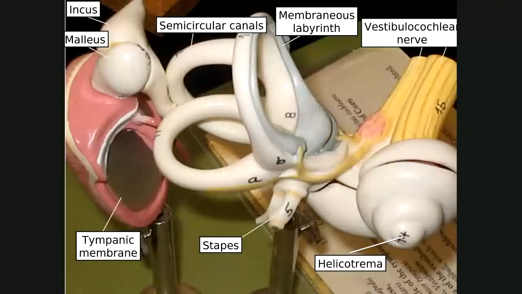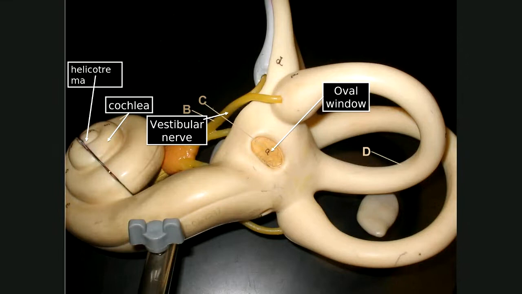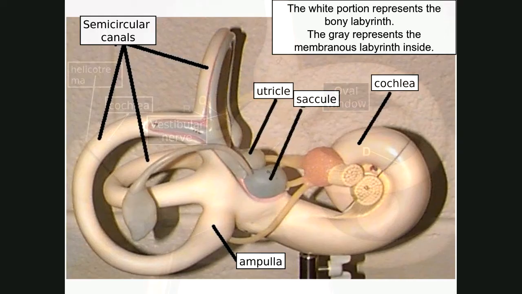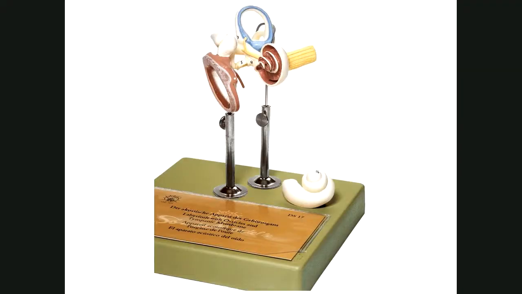And you're going to be able to see them in all of the models if you turn them over. There's the oval window. There's the round window. The stapes fits right here. So the stapes fits inside this oval window, like that. So usually, we're not going to see the oval window. It's covered up by the stapes. So there's where it's going to be.